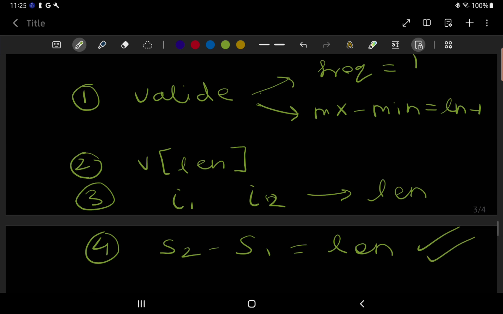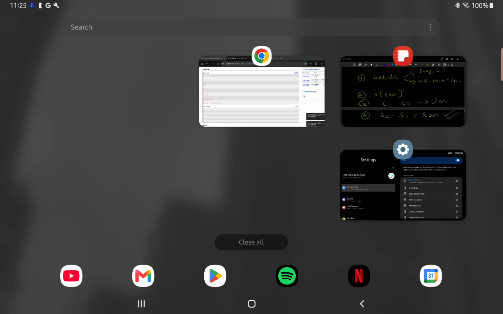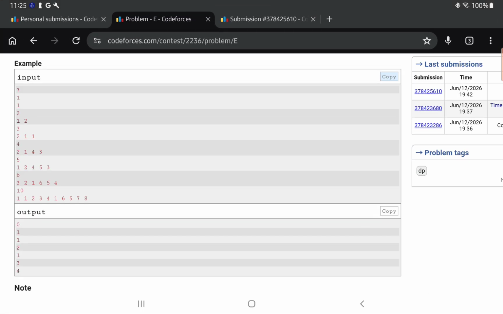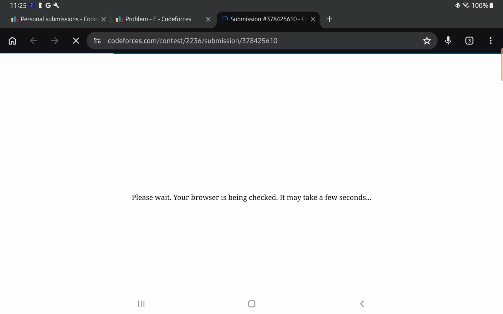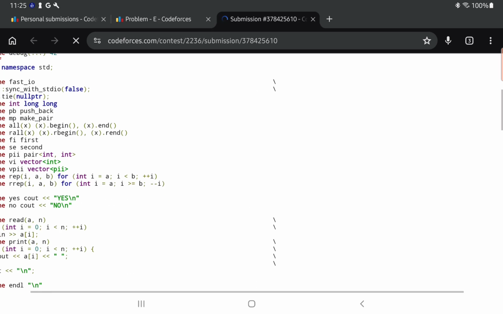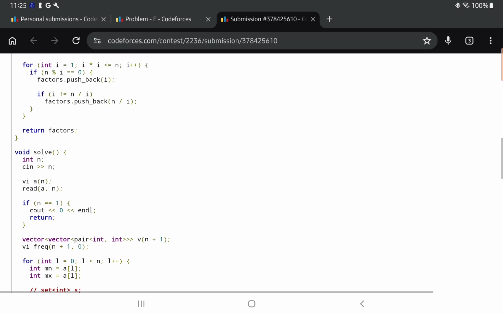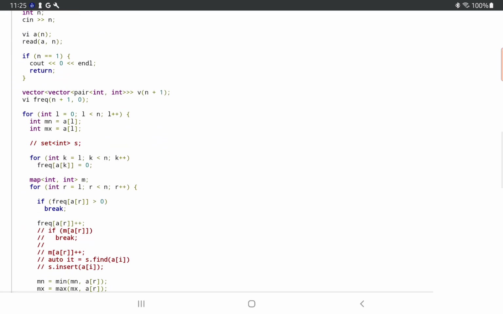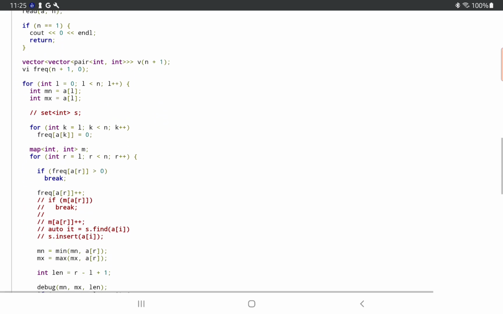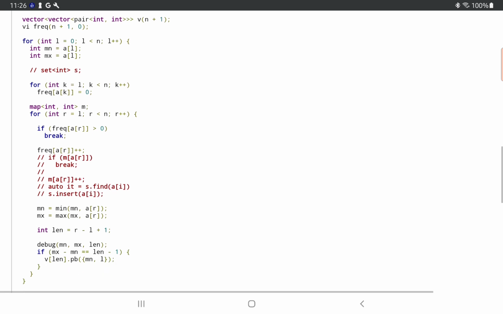I'll walk you through the code once. So I took a vector pair. While calculating, I am taking the max and the min.